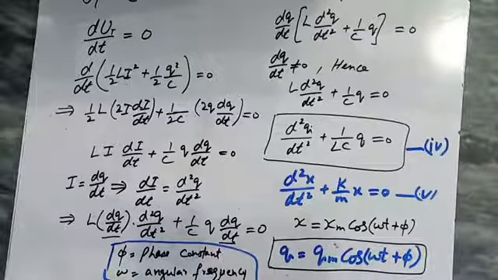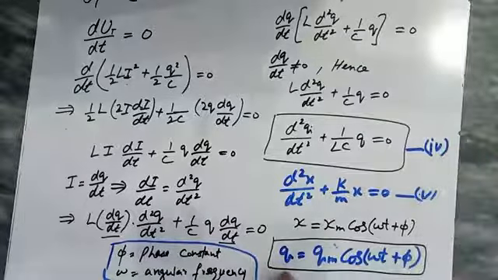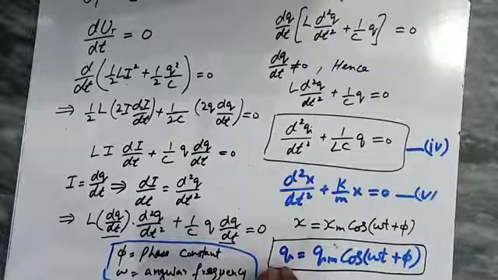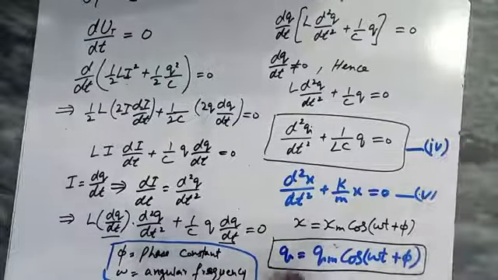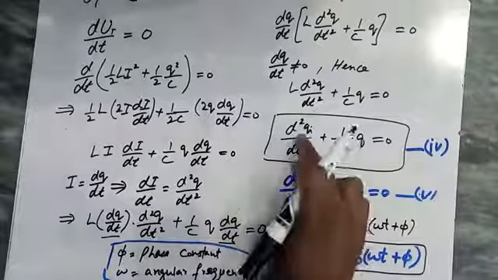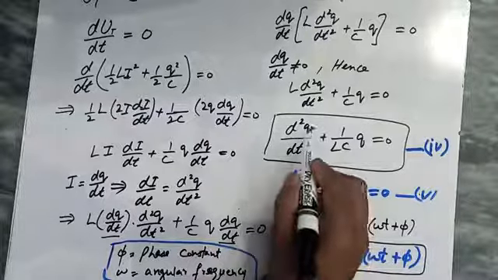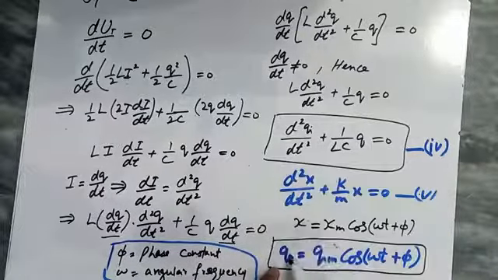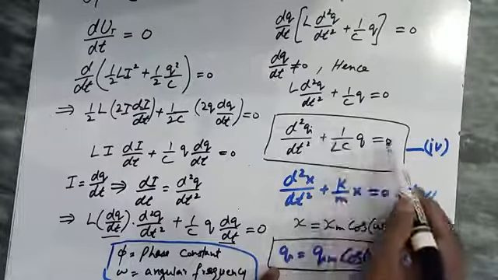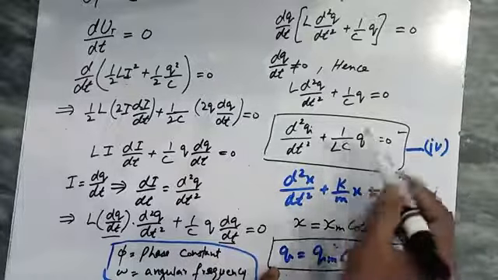As I said, this is a solution of equation 4. So this solution must satisfy equation 4. If I put this quantity here and take its first derivative and then second derivative, and place the value here, then as this is a solution, it must satisfy this equation.